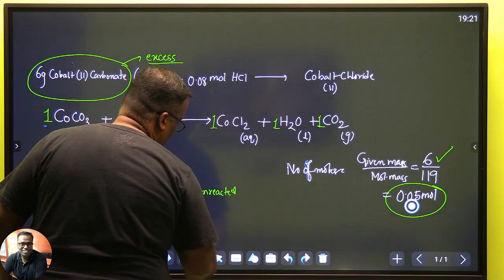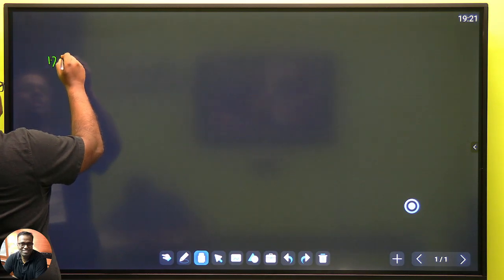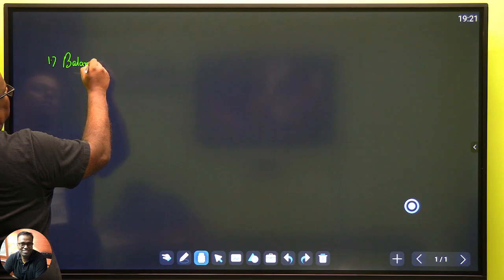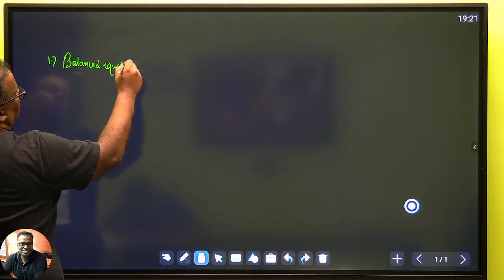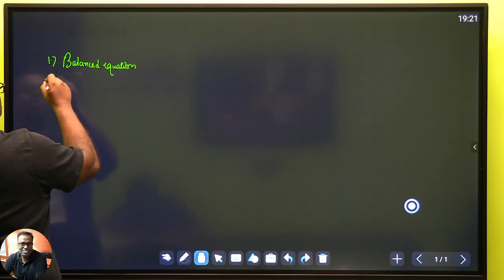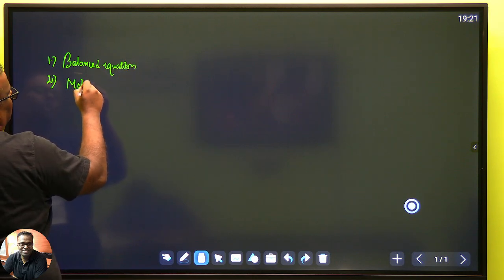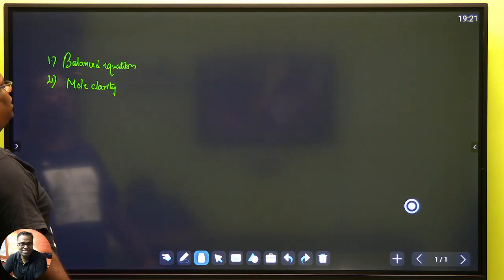Yes, sir. So what if we now try to do another problem? Before that, let's write down the steps that we understood from here. Step number 1, you should always obtain the balanced equation. Once you have the balanced equation, after that you should have mole clarity.